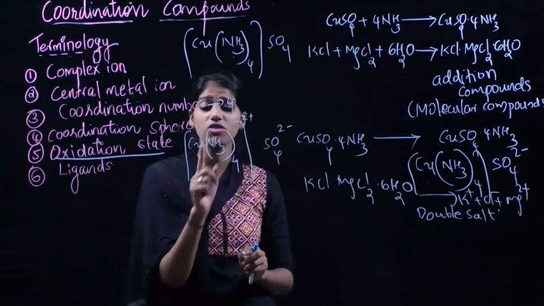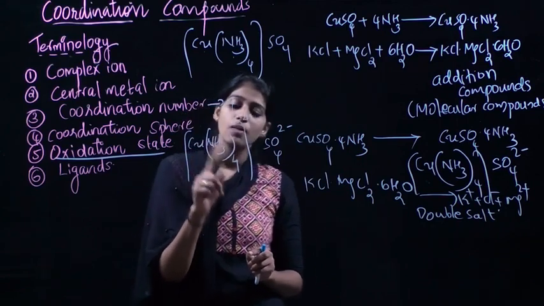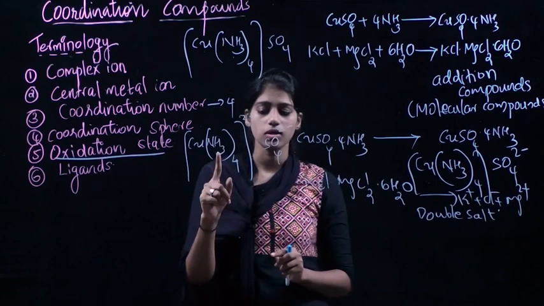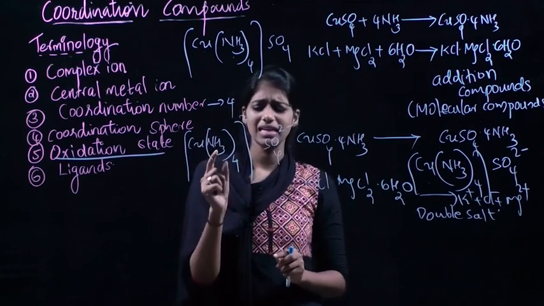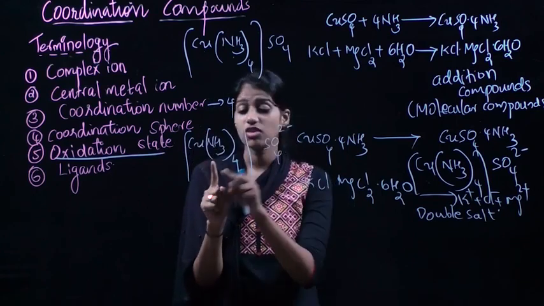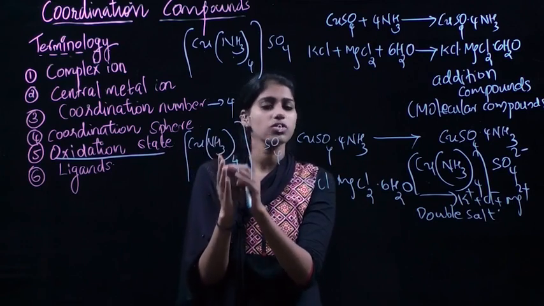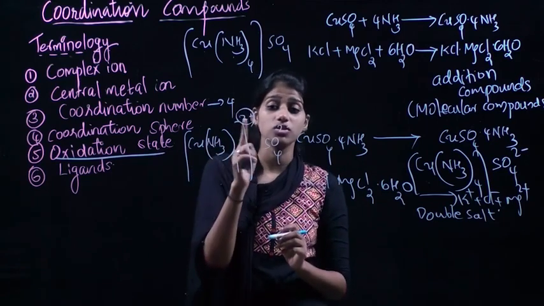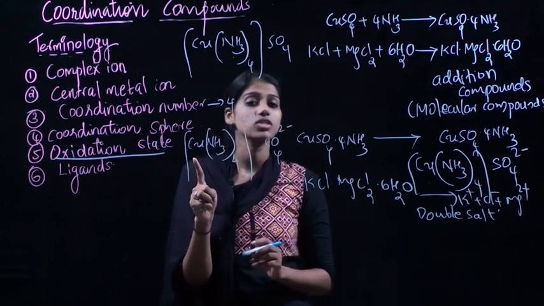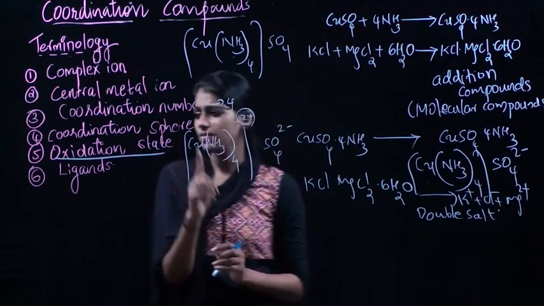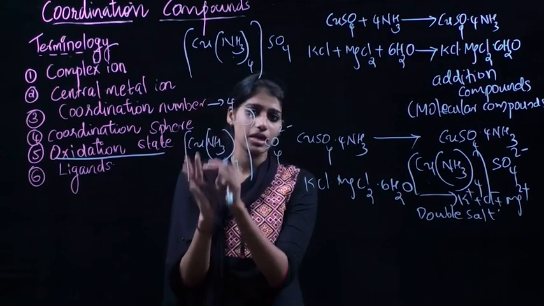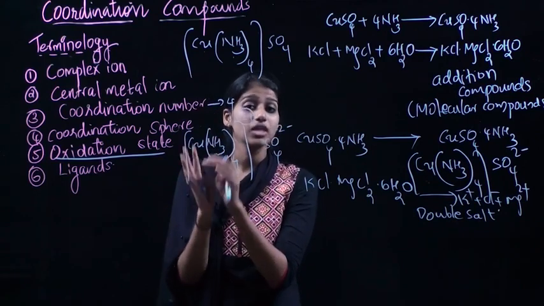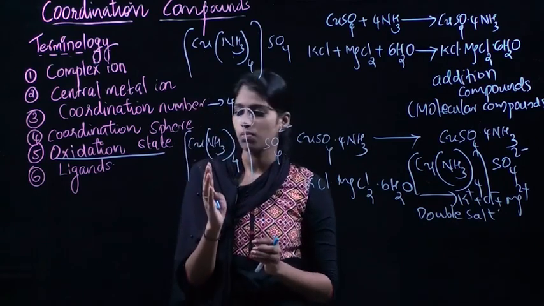It should be the sum of the oxidation state of copper plus the charge given by ammonia. As you know, NH3 is a neutral molecule, therefore the total charge given by ammonia is 0, which indicates the 2 positive charge on the coordination sphere is actually the oxidation state of the metal atom. So whenever you consider the metal atom or metal ion, oxidation state is important to represent a coordination compound.